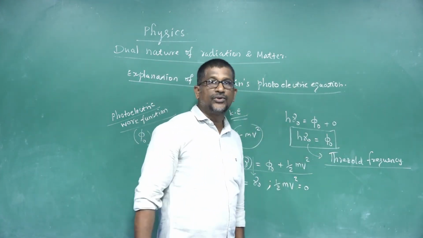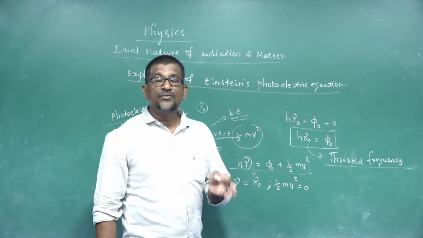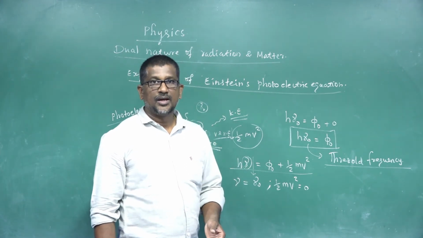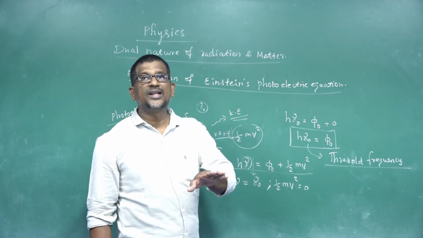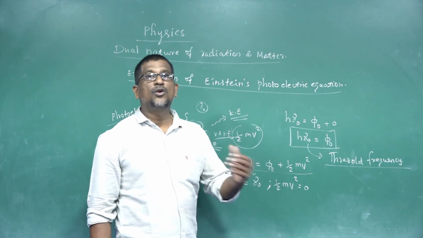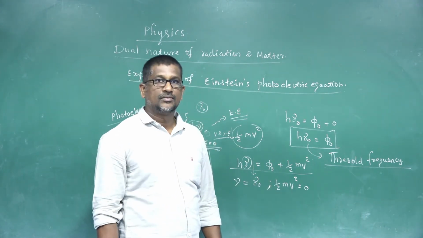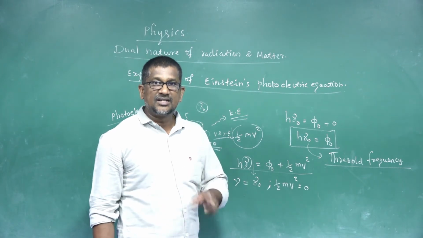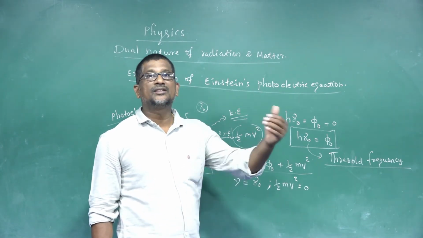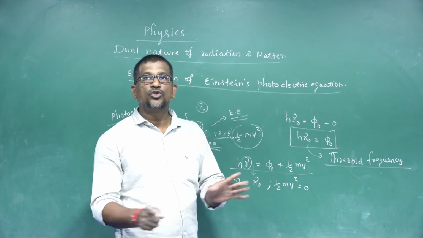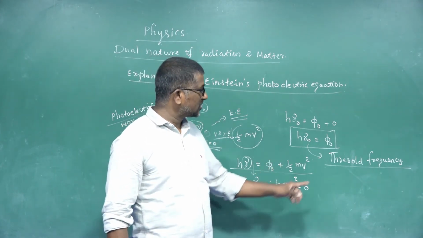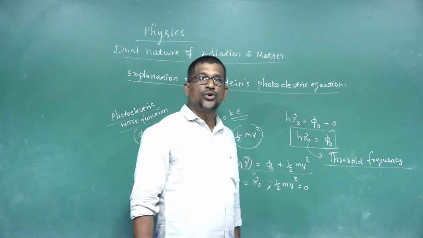What is meant by threshold frequency? The minimum frequency of the incident radiation above which photoelectrons are emitted, and below which no photoelectric emission takes place. Such a minimum frequency is called threshold frequency.